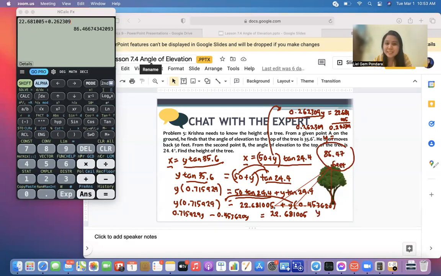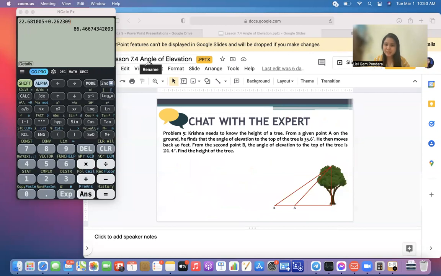Okay, you take note first, that one. Let me clear first. So here, let's go back to the drawing. From A to B is 50 feet. From A to the tree, that's y, right? That's 86.47.